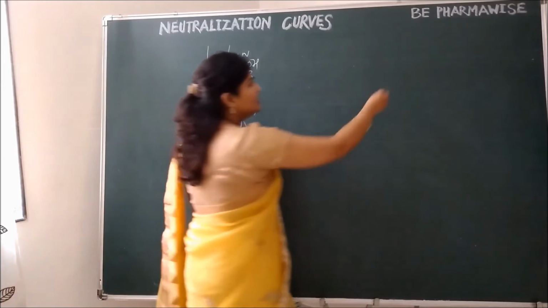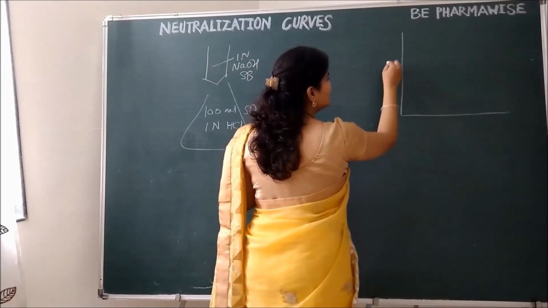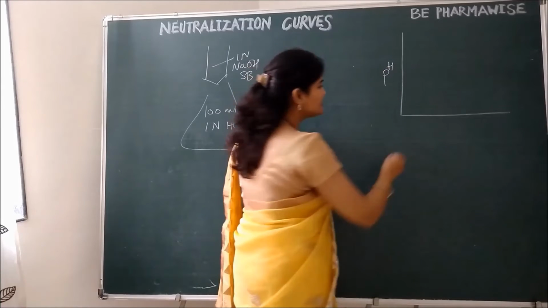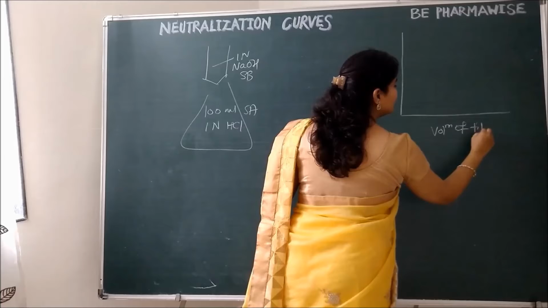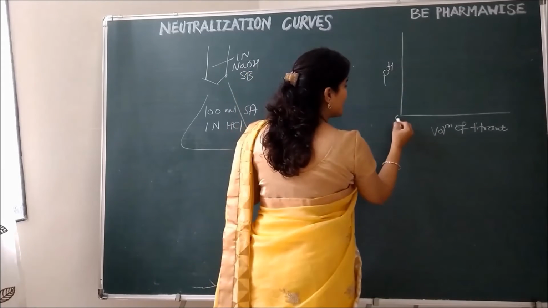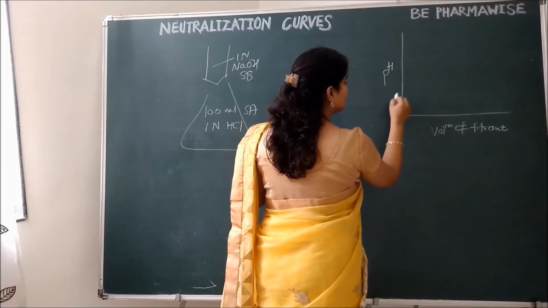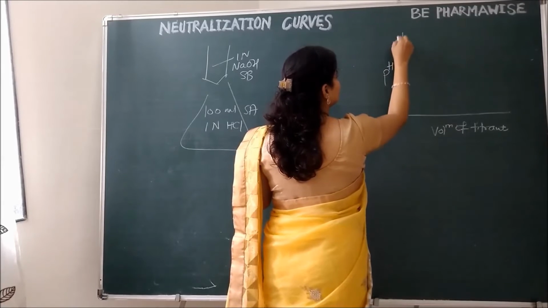As I told you, it is nothing but a plot of pH on the y-axis and volume of titrant added on the x-axis. So I will put some values 0, 1, 2, 3, 4, 5, 6, 7, 8, 9, 10, 11, 12.